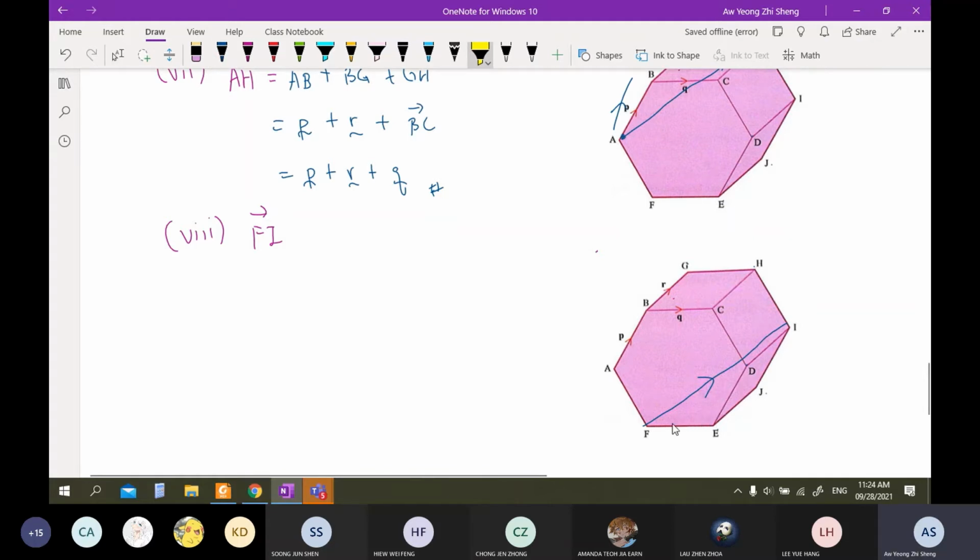I choose to take the path F E, E J, J I. You can of course take a different path like F E, E D, D I would also work, as long as it's a continuous path. So you have FE plus EJ plus JI.